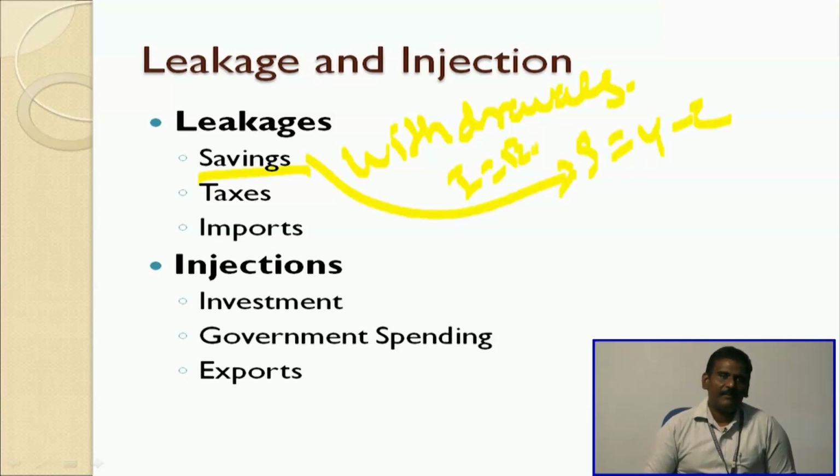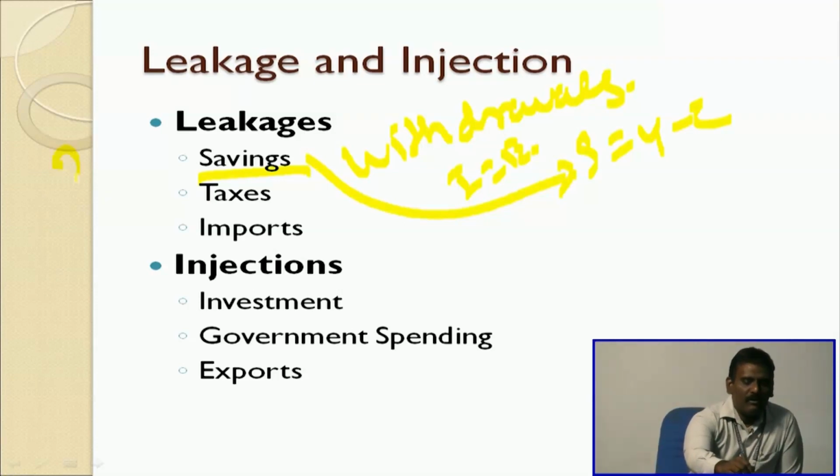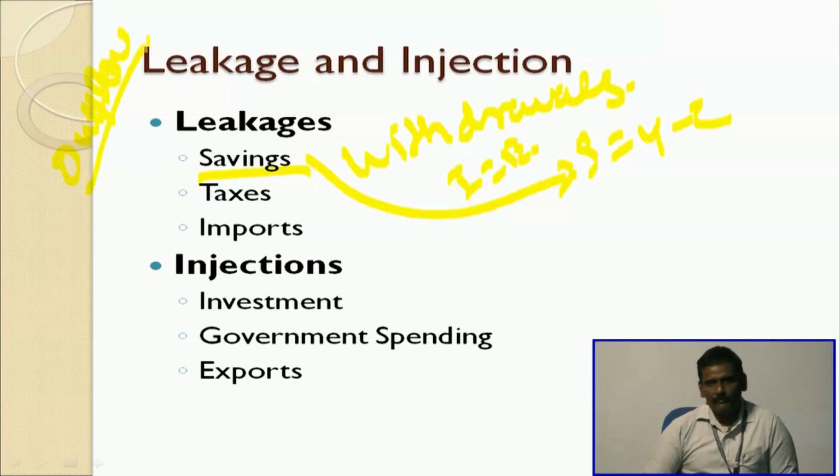So, where is it kept? We consider that money as a withdrawal, an outflow of funds, an outflow of money, which means that money is away from the sector. So, we call it savings.